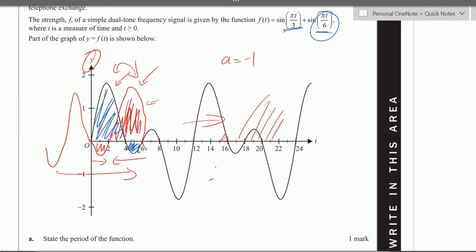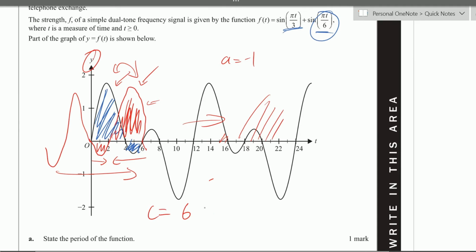So that's why the C translation, which is the horizontal translation, is you have to move it 6. So it's 6, and then you can add any amount of periods. So you can write it as 6 plus, like in normal trig, you add a variable to create a general solution.